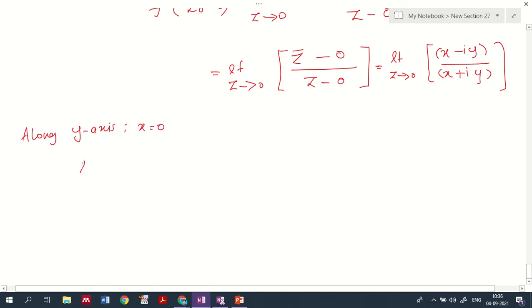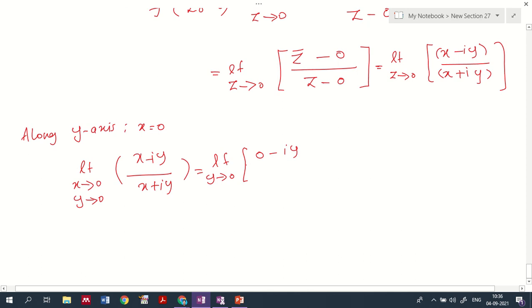So that is limit x tends to 0, then y tends to 0, of x minus iy divided by x plus iy, which is limit y tends to 0. You have to substitute x equal to 0, that is 0 minus iy divided by 0 plus iy, and we know this value will be equal to minus 1.